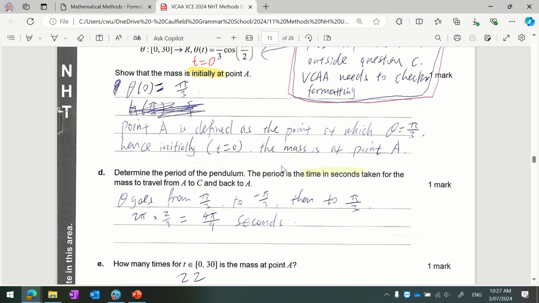And here is my problem with this exam writing.